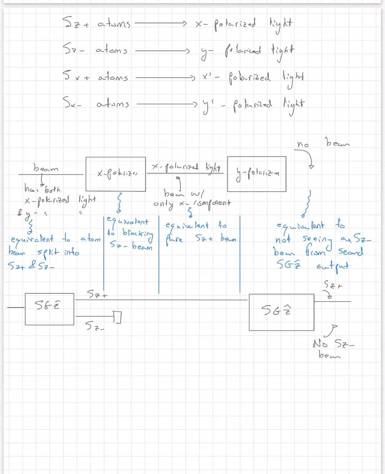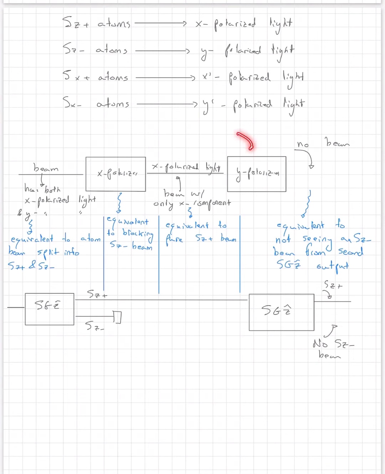It's blocking one of the components of the unpolarized light and letting the other half pass. So the X polarized light here represents our SZ plus beam, and we're letting it pass through another SGZ filter. The outcome that we saw in our experiment is that we see an SZ plus beam, but the SZ minus beam was missing.